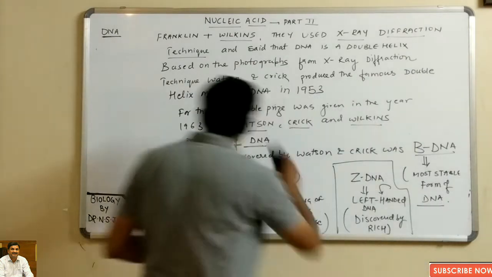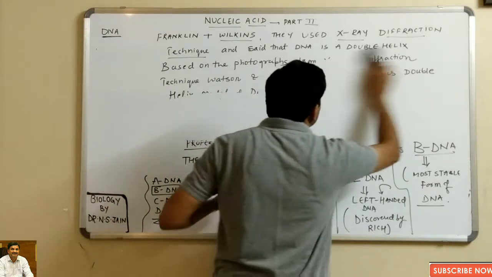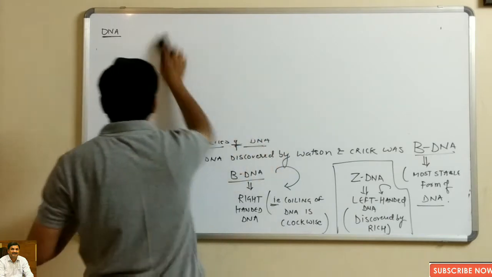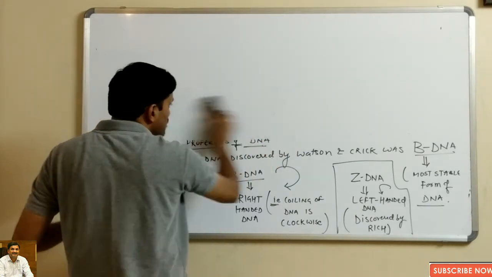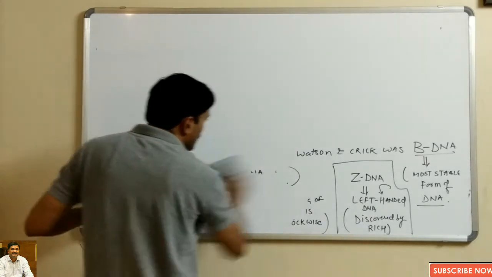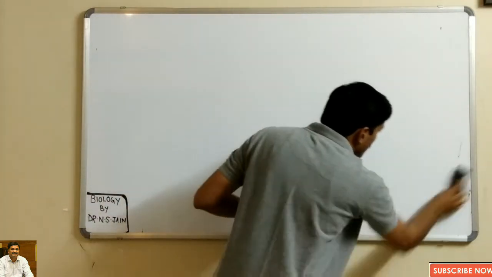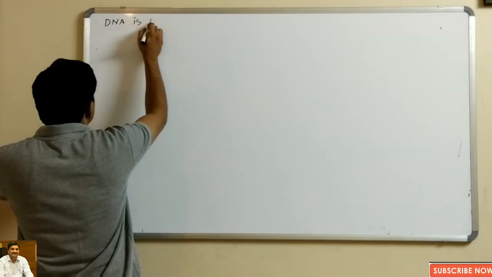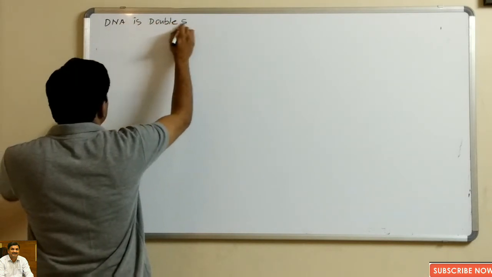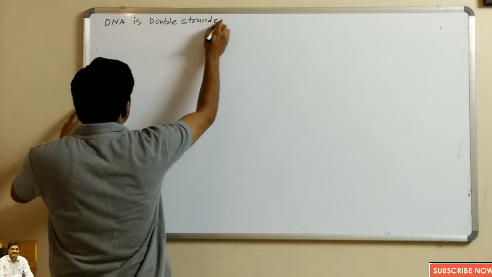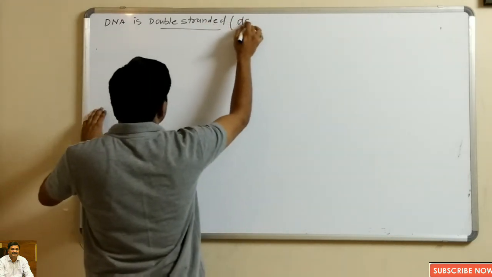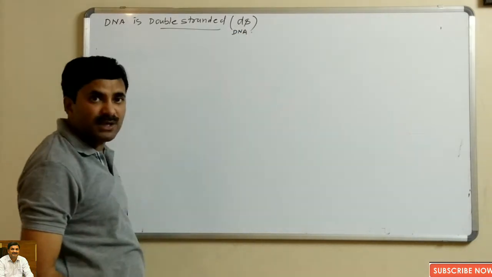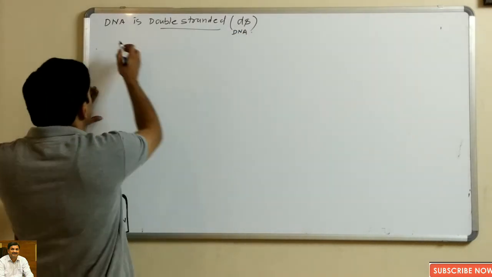Now, you must also know that the DNA is double-stranded. It is also called dsDNA. dsDNA means double-stranded DNA. What does it mean?